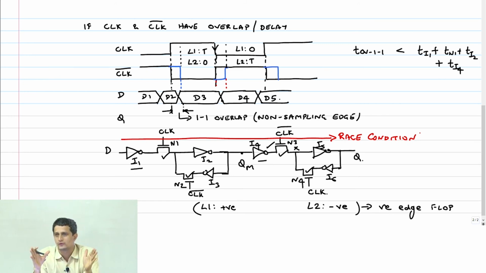All of them are off, which means that there is no path available from D to Q. Forget D to Q, even from D to QM, there is no path. And therefore, you really don't have a problem in this flop, right? T overlap 0-0, no problem.